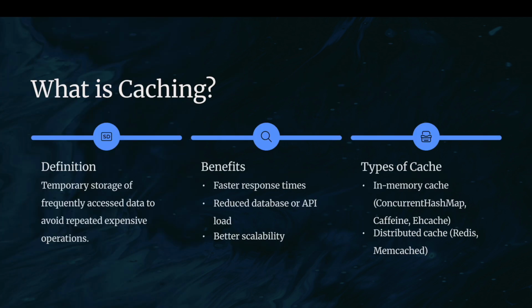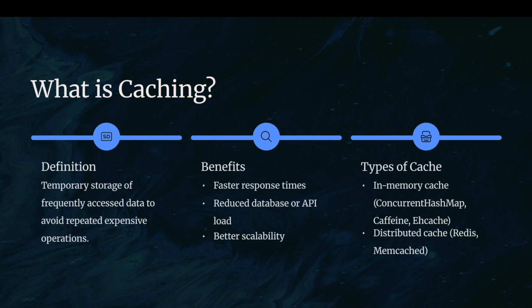So here you can see on my slide, what is caching. If we go with the definition of caching, it is just the temporary storage of frequently accessed data to avoid repeated expensive operations. What are the benefits?